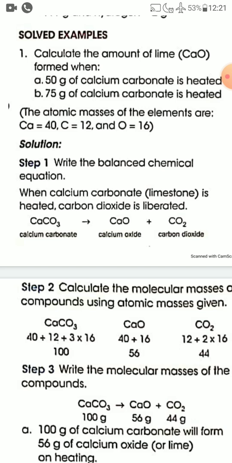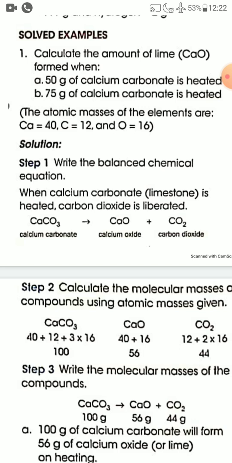Take the atomic masses of the elements: calcium is equal to 40, carbon is equal to 12 and oxygen is equal to 16. With the help of these atomic masses and the balanced chemical equation, you have to calculate the amount of lime, that is CaO, formed when 50 gram of calcium carbonate is heated and when 75 gram of calcium carbonate is heated.